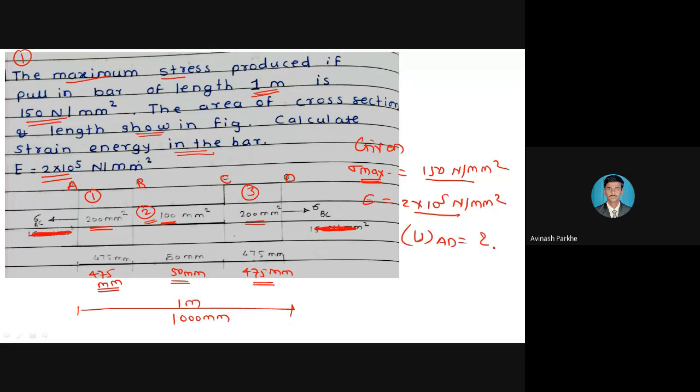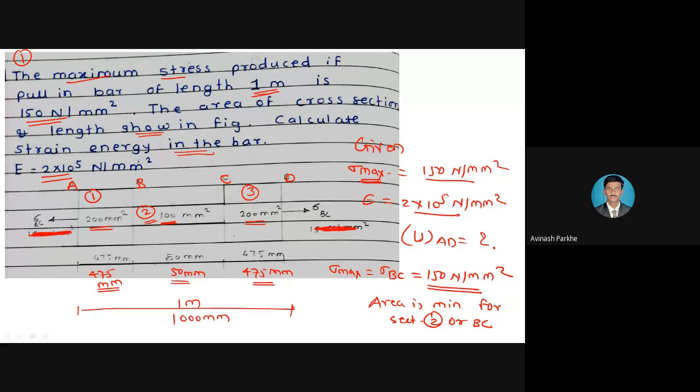That means for section 2 the area is minimum, so whatever sigma max is given, that sigma max is equal to sigma of BC, which is 150 Newton per mm square. Why is it like that? Because area is minimum for section 2 or BC.